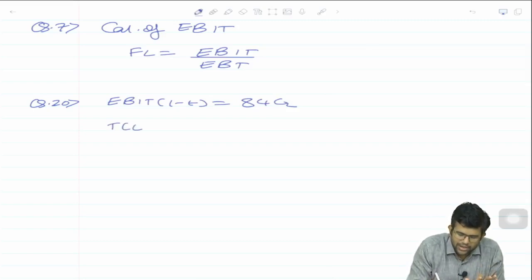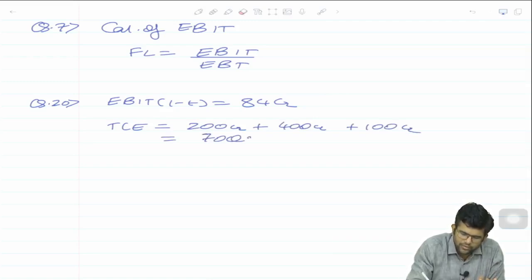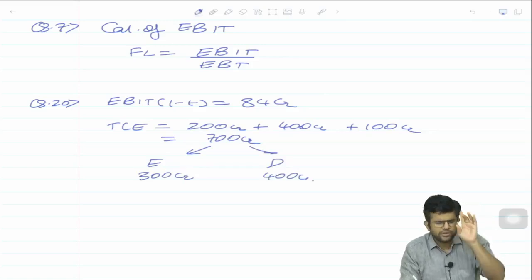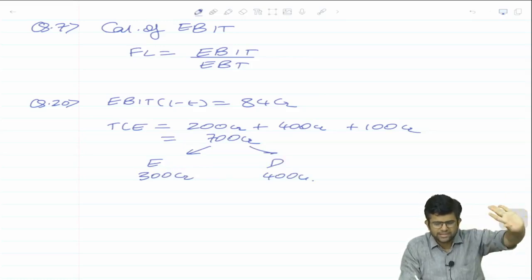Then total capital employed will be 200 crore plus 400 crore plus 100 crore, which is equal to 700 crore. I hope you are able to understand. Out of 700 crore, the equity component is 300 crore and the debt component is 400 crore.